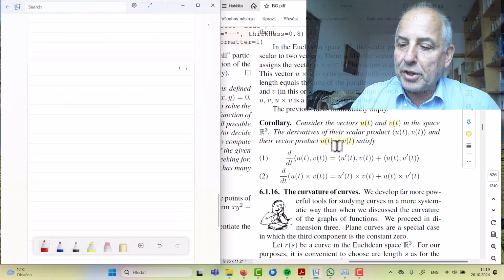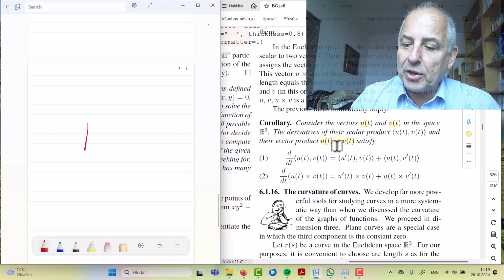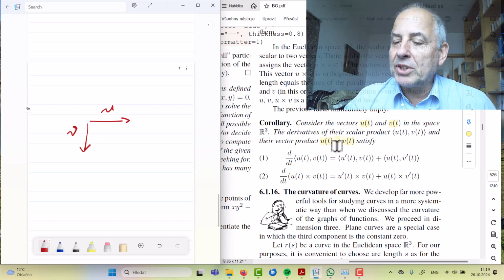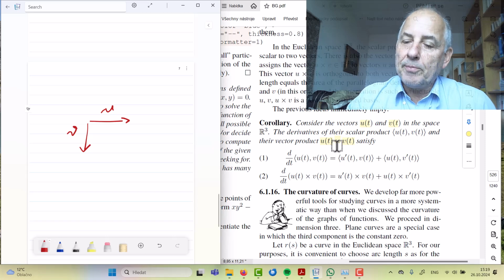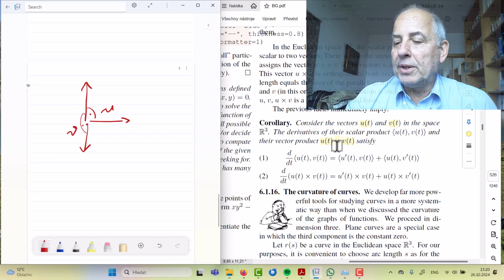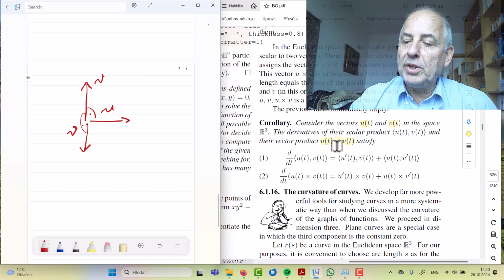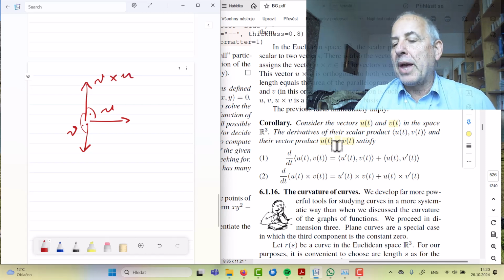So in R3 the vector product works in such a way that you simply take your two vectors u and v, and the vector product will be a vector which is perpendicular to both of them, and the size of the vector will be related to the area, like the area of the triangle.